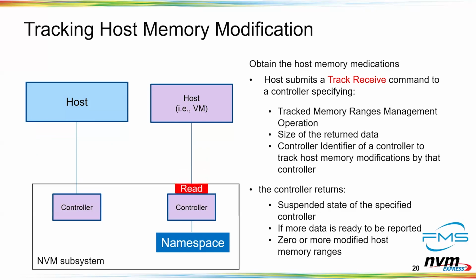I'm sorry, the memory ranges identify those memory locations in the host VM that have been modified. So as the host is actually moving the VM in the live migration use case, he would know which memory also has to be moved from the VM as it's being migrated.